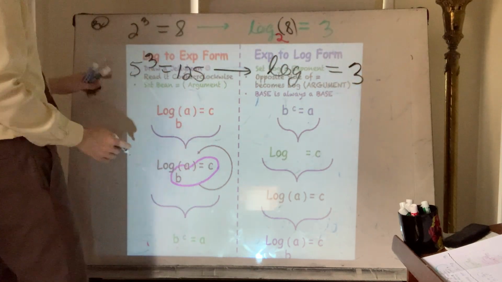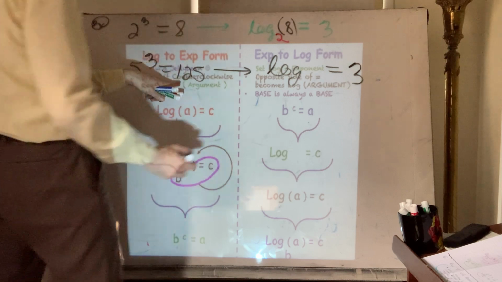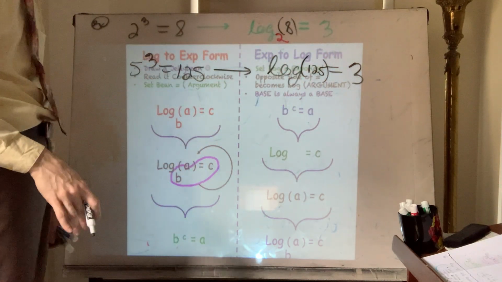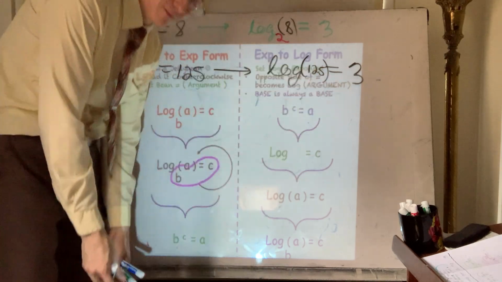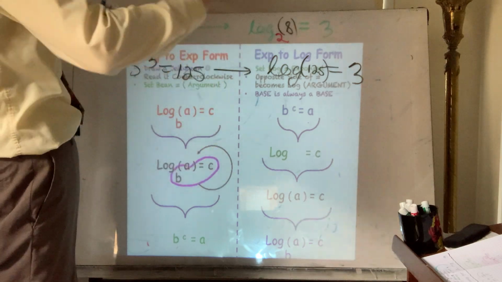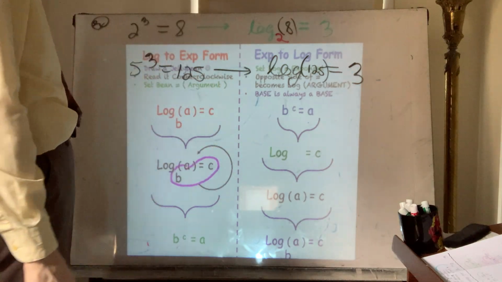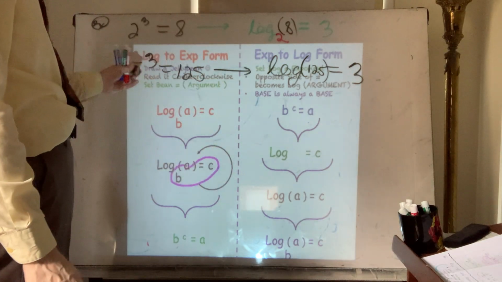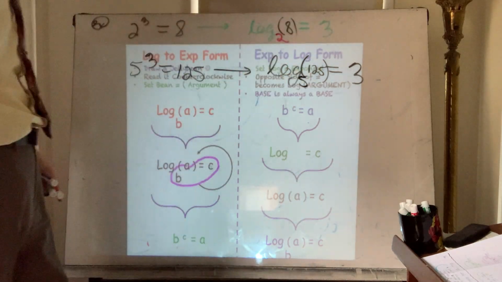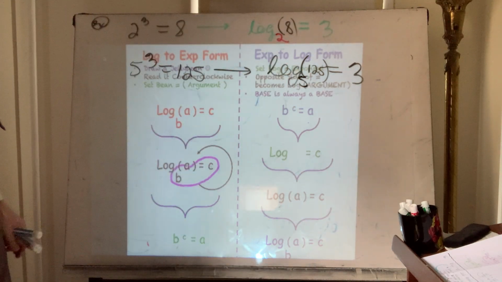All right. The opposite side of the equals will become the argument. So you can put that in parentheses. A lot of times in textbooks they don't bother to do that, but if it's a function, why not, right? I think that makes it more obvious that that is the input, typically. Then what was the base, 5, remains the base. It's the bottom of this thing. All right. One more of these.